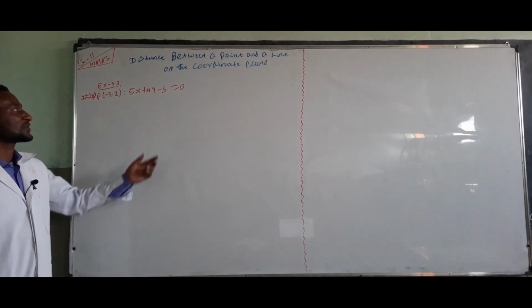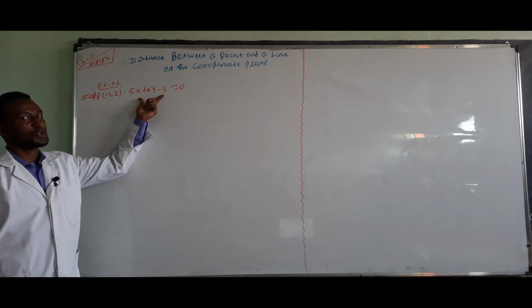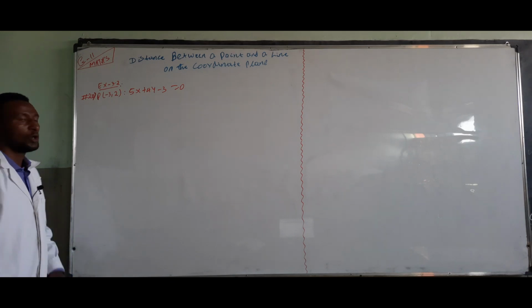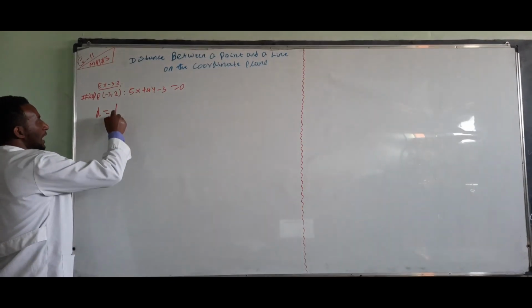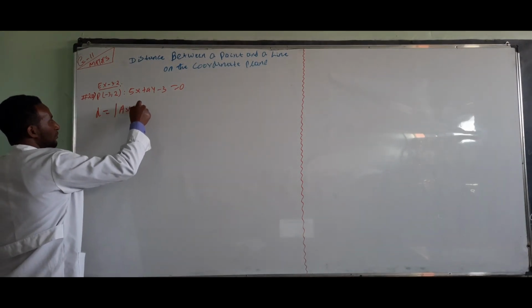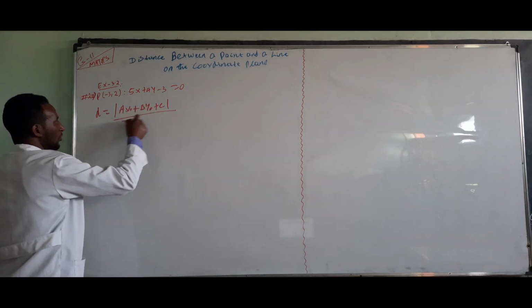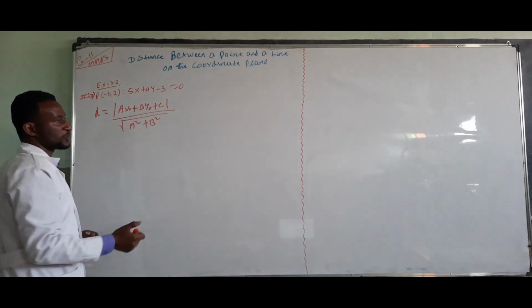Equation number 2A: when we find the distance between the line given by this general equation and the point P(-3,2), we can use the distance formula D is equal to the absolute value of A x naught plus B y naught plus C, over the square root of A square plus B square.